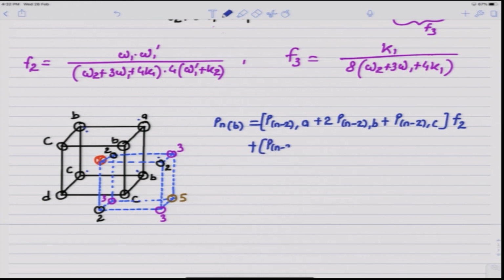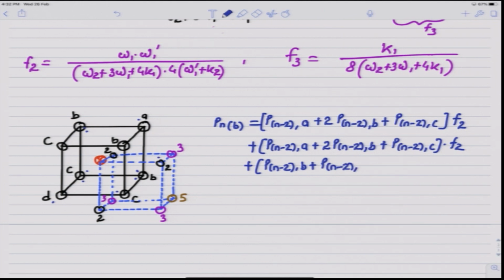So, P n minus 2 of A plus 2 times P n minus 2 of B plus P n minus 2 of C times F2 plus, if I consider this type 2 site, then the vacancy after n minus 2 jumps should have been either on this site B or one of these 2 sites C or on site D. So, this would be P n minus 2 of B plus P n minus 2 of C, and there are 2, so 2 times, plus P n minus 2 of D times F2.